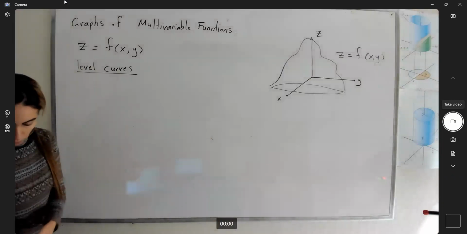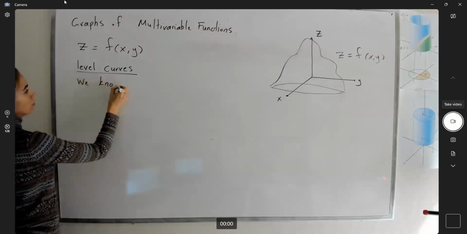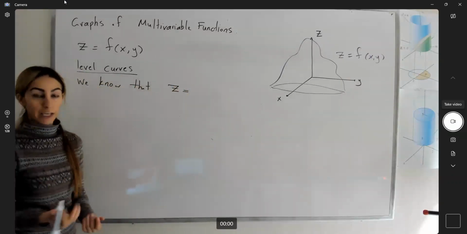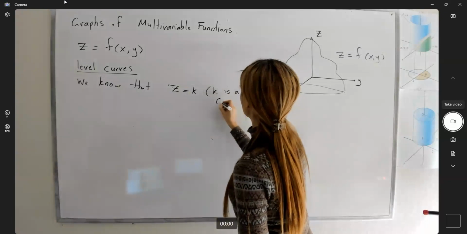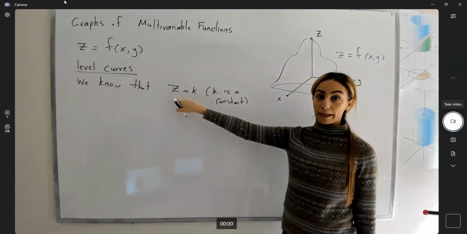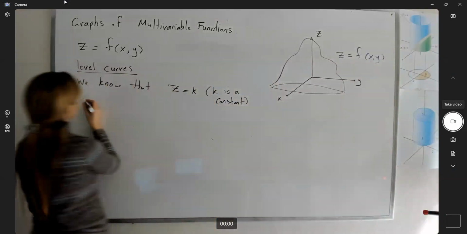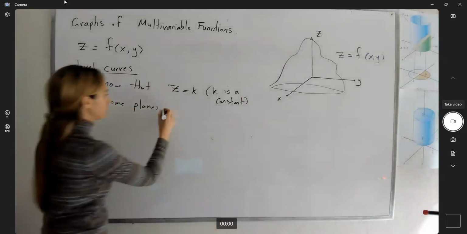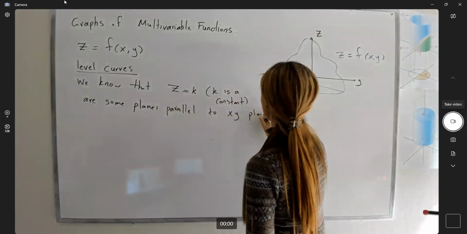We know that if we have z equals a constant like k, so k is a constant, these represent some planes parallel to the xy plane, right? This is what we learned before.